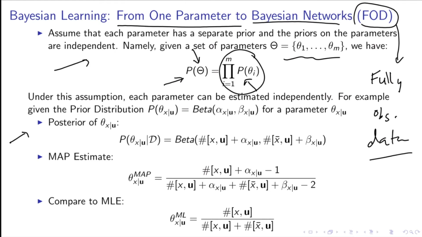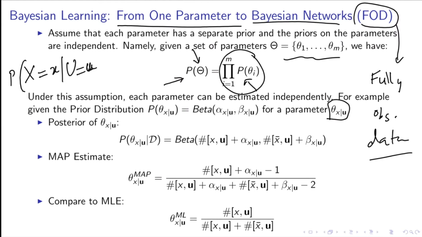For instance, let's say you are given a prior distribution over the parameter theta of x given u. Theta of x given u is a parameter which specifies p of, let's say, x equals x given an assignment to its parents.